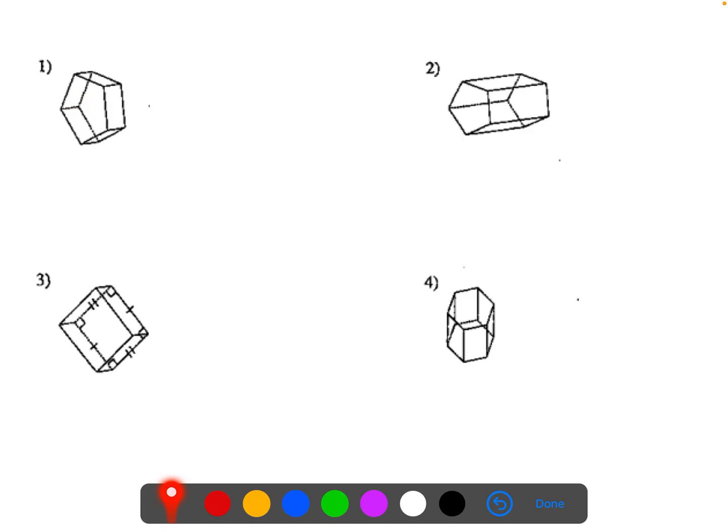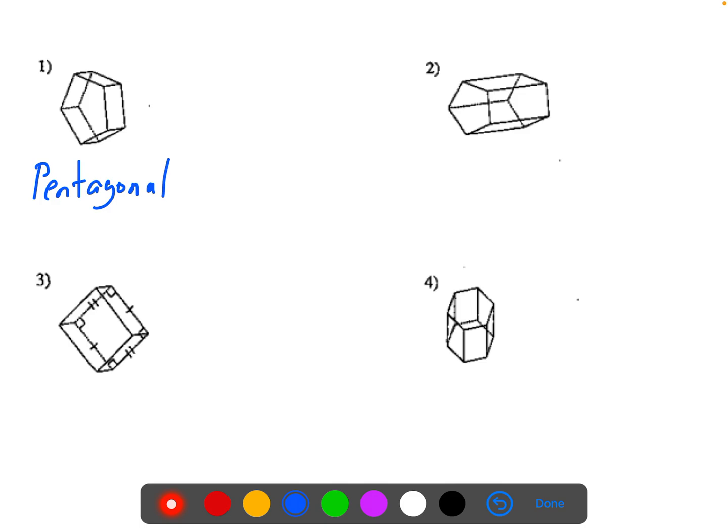In this case, the pentagon, we have 1, 2, 3, 4, 5. The pentagon would be the base of this figure. And if we were to slice off one of these pentagons and keep slicing this figure, that's what we would see. We'd see all the same shape. So we have a pentagonal.